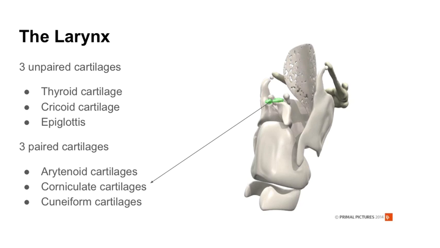The larynx consists of 3 paired cartilages and 3 unpaired cartilages. The 3 unpaired cartilages are the thyroid cartilage, the cricoid cartilage, as well as the epiglottis. And the 3 paired cartilages, the smaller ones, are the arytenoid cartilages, the corniculate cartilages, colored green here, as well as the cuneiform cartilages here.